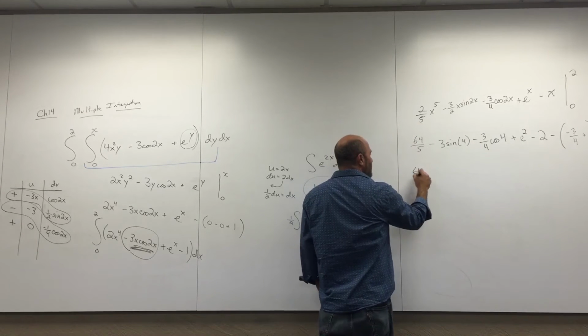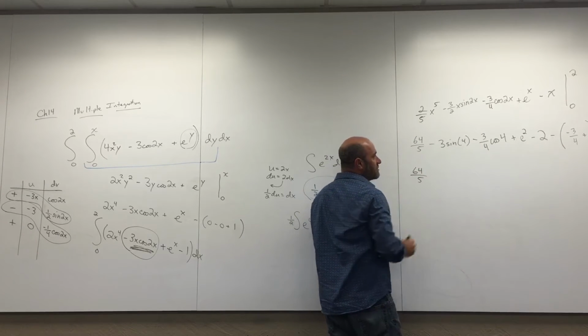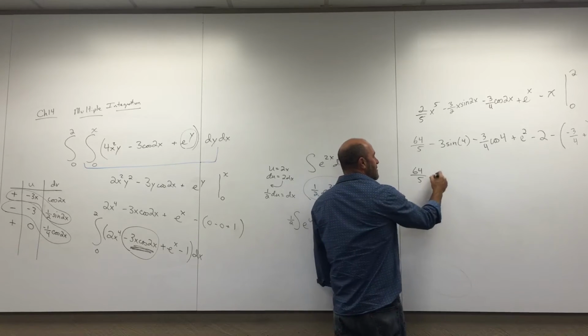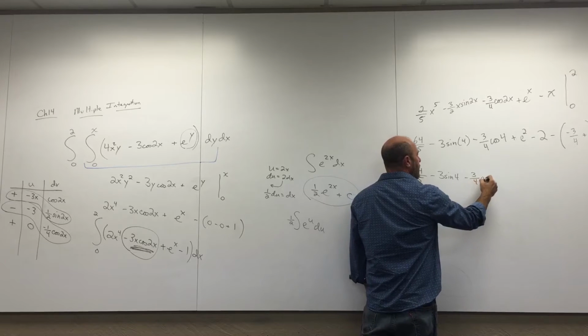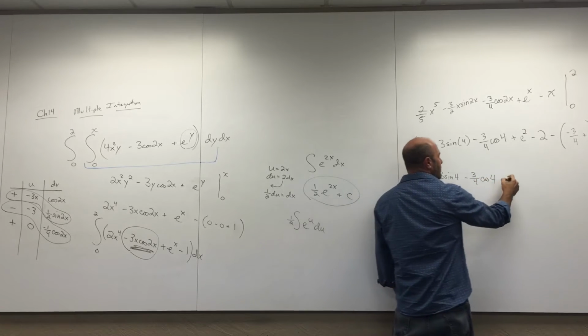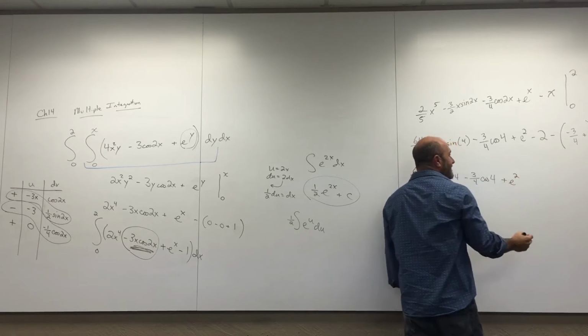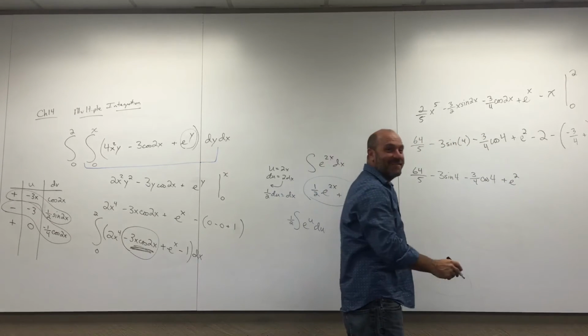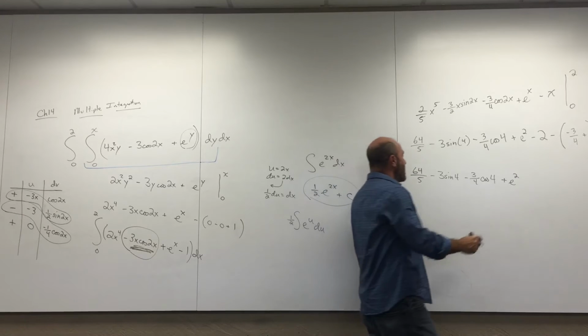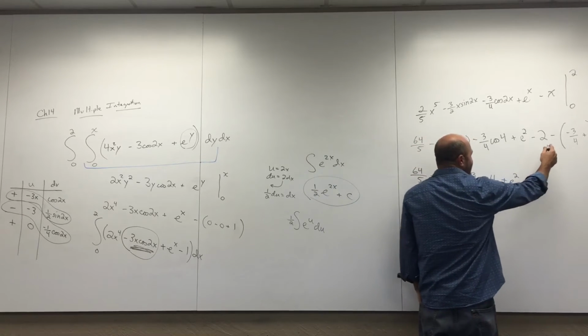It's 64/5. I can't do much simplifying here. Minus 3 sine of 4 minus 3/4 cosine of 4 plus e squared. Oh my goodness. This used to be my number on the high school swim team. Minus 2.